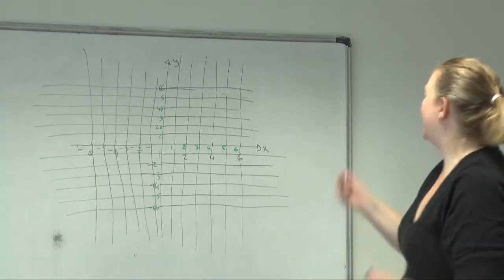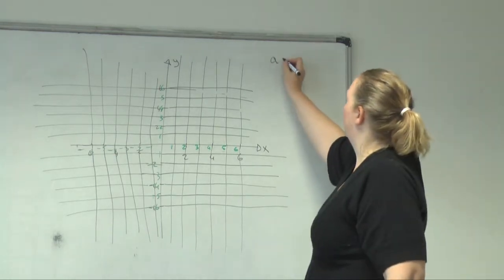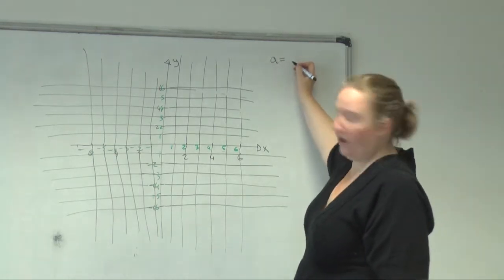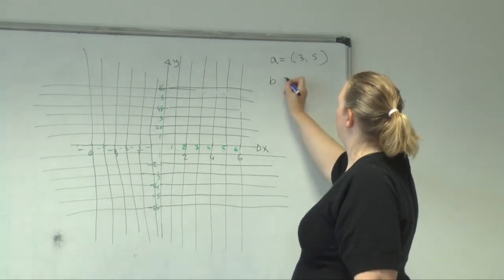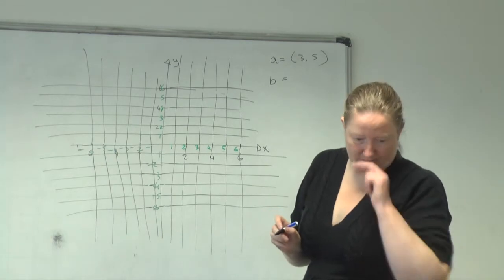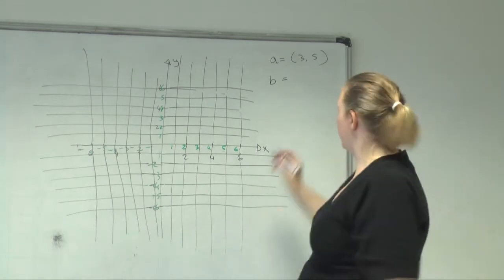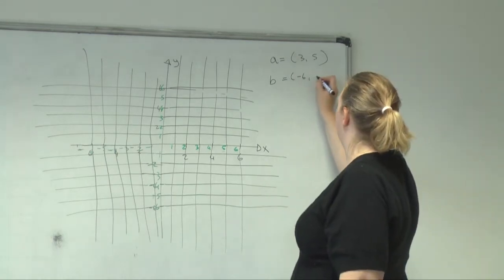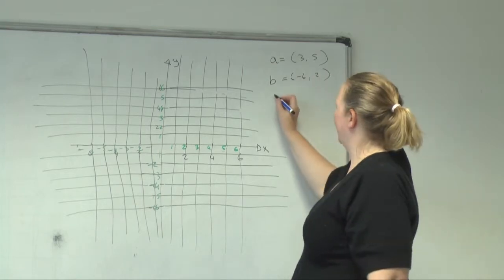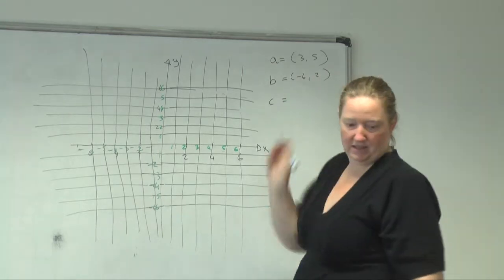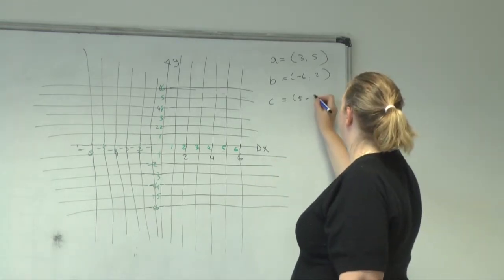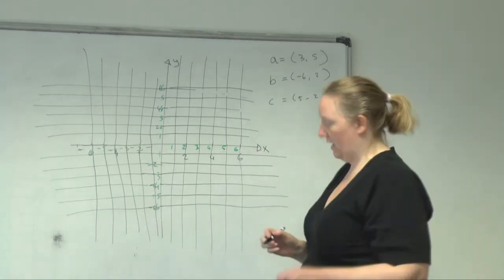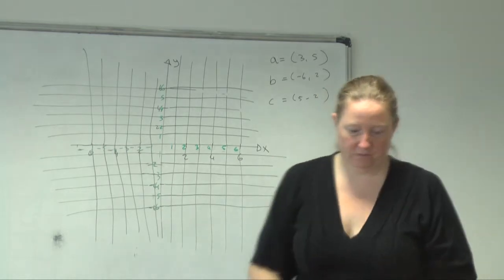And they tell you that A is (3, 5), B is (-6, 2), and C is (5, -2). Okay?